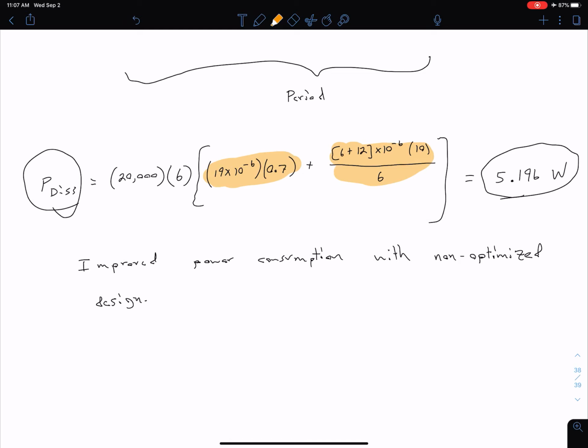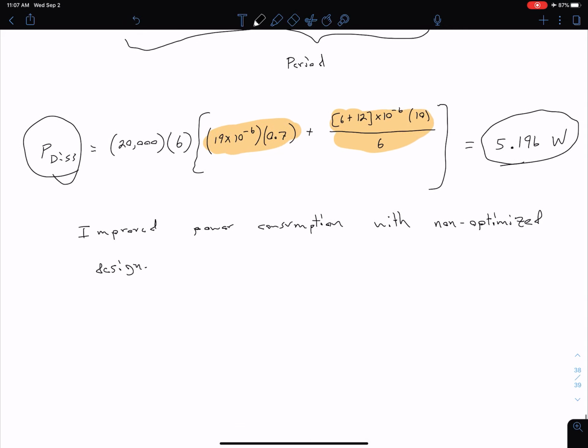And maybe if we have really fast switching, we want to choose it such that we have a minimum voltage, so that we minimize this equation here, where our switching would be minimizing this, and choosing a transistor with V min would be minimizing this term. So we can do better than this 5 watts, but even with just choosing typical transistor parameters, we see that the power dissipation is a lot better than in our linear regulator.